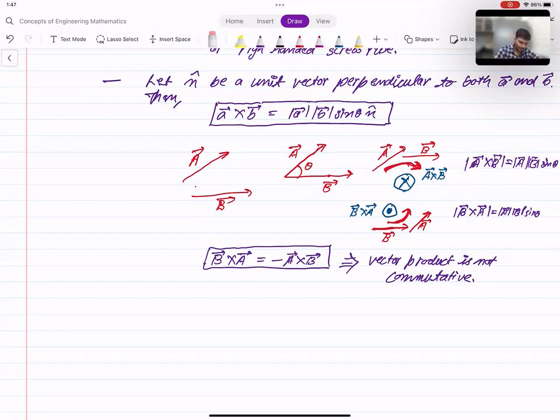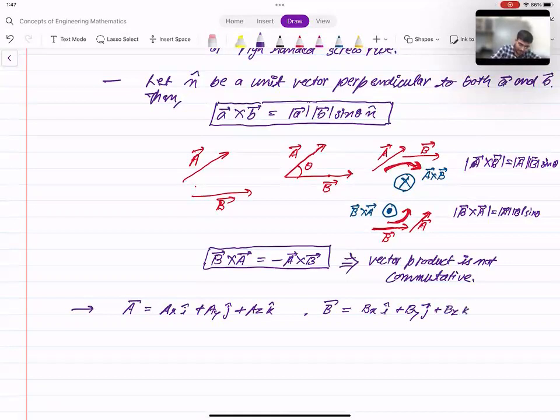So now let us say we again have two vectors. Vector a is ax i cap plus ay j cap plus az k cap. And we have another vector b, which is given as bx i cap plus by j cap plus bz k cap.